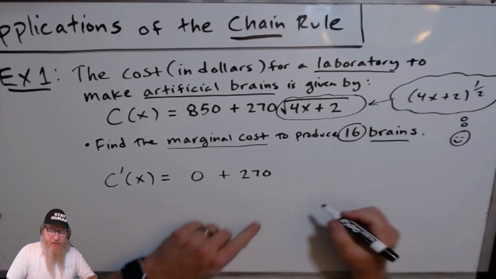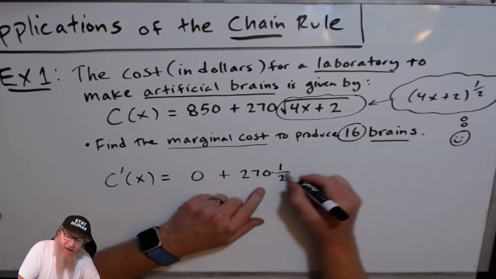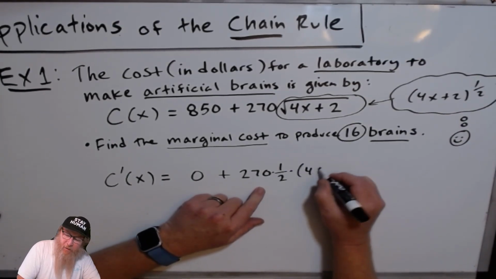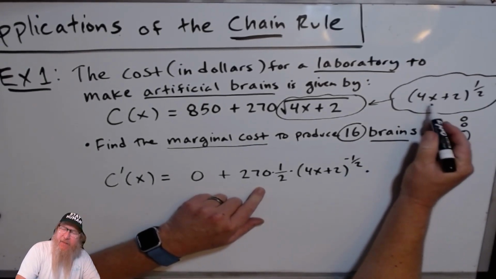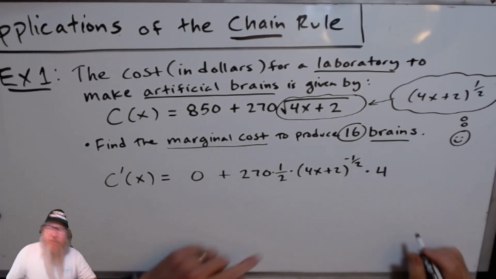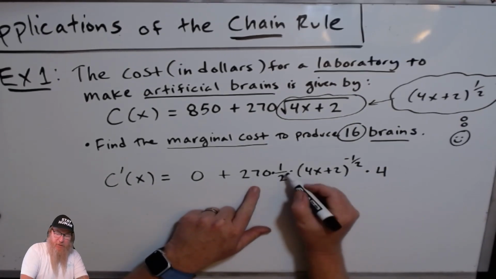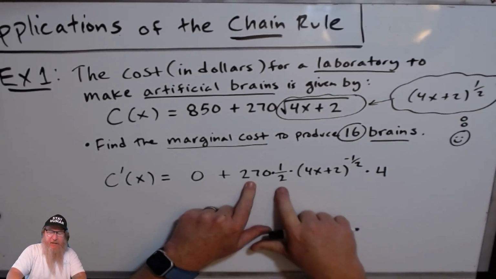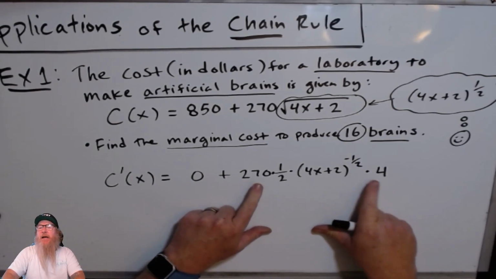And then when we use the power rule, that'll be 1/2 times 4x plus 2 to the negative 1/2. And then the chain rule, the derivative of 4x plus 2 would be 4. This is all multiplication. So it's 270 times 1/2 times 4x plus 2 to the negative 1/2 times 4.